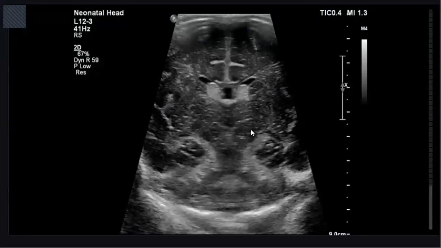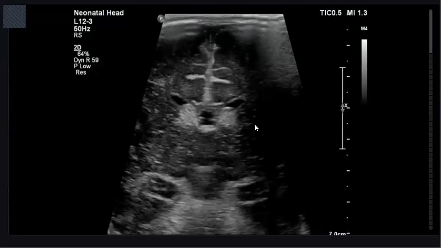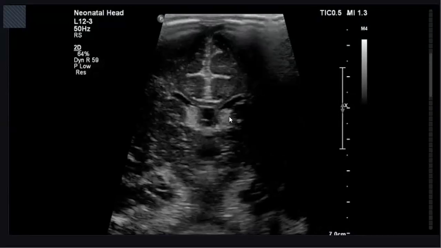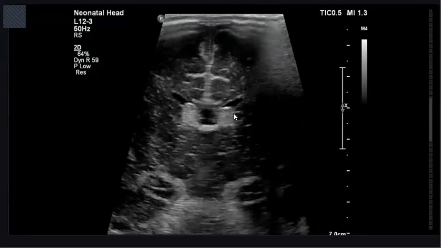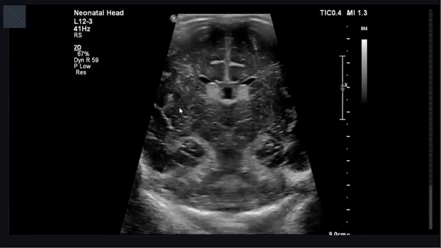Okay. In this simple case for cranial ultrasound, you can see hyperechoic content extending from the caudothalamic groove to the frontal horn of both lateral ventricles. However, no associated ventricular dilatation. The rest of the parenchyma appears normal with no cystic changes, and also the cerebellum is present.